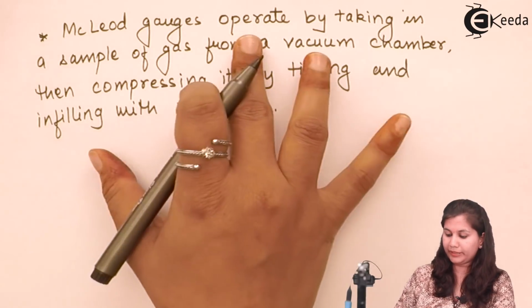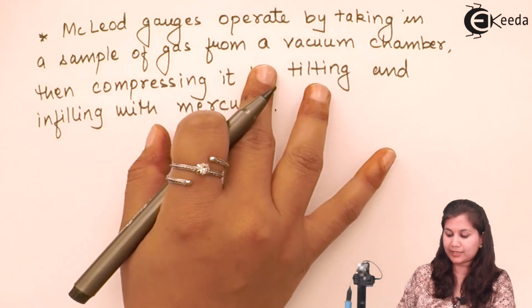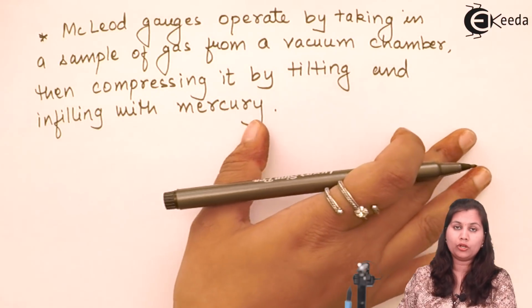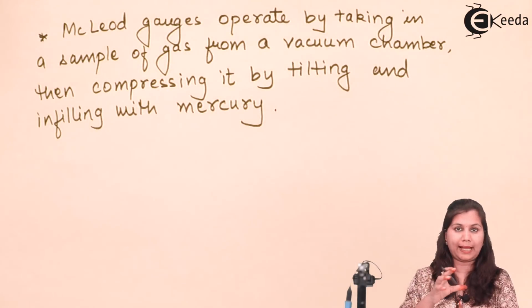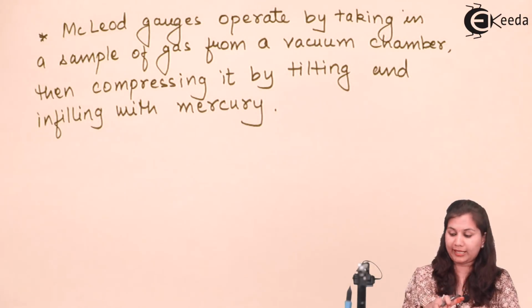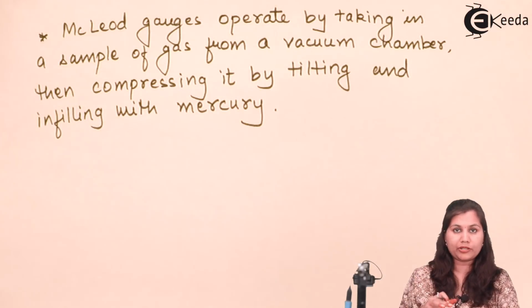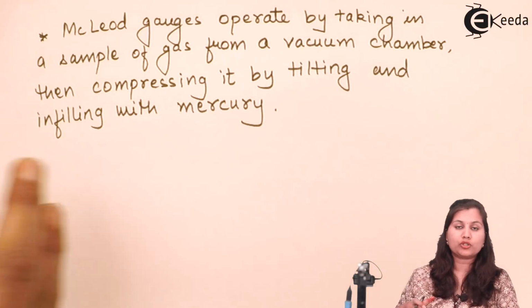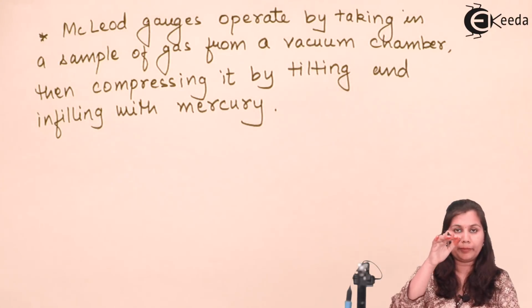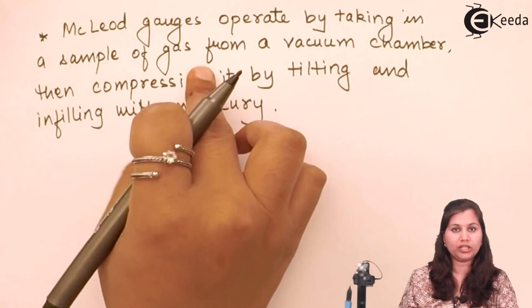McLeod gauges operate by taking in a sample of gas from a vacuum chamber. So the pressure which we want to measure, first we are going to take a sample of gas. Now we are going to compress that sample of gas, and the compression is done by tilting and infilling it with the mercury. So with the help of mercury we are compressing a small sample of the gas.